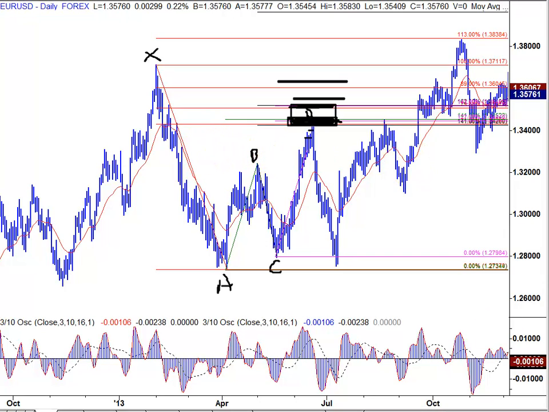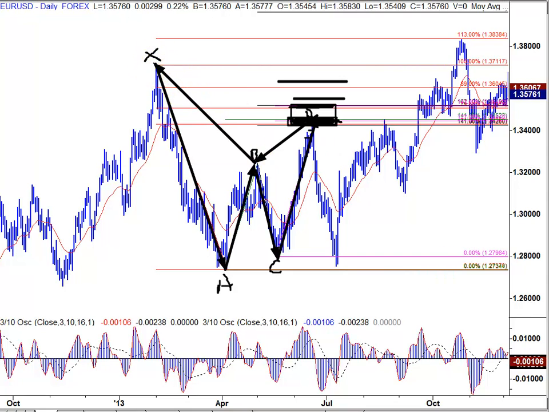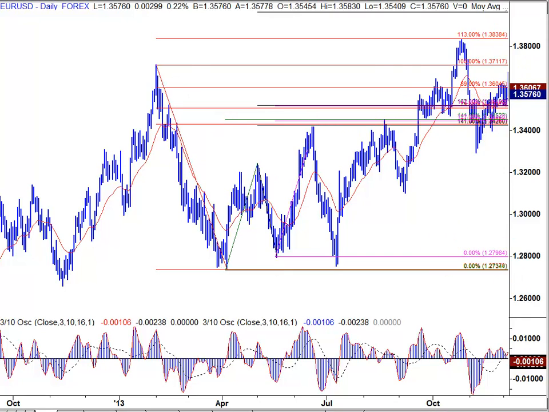And once again, you're drawing in your patterns. If I can get my chart to work. X. Okay, and that's how I identify the different patterns that we work with.